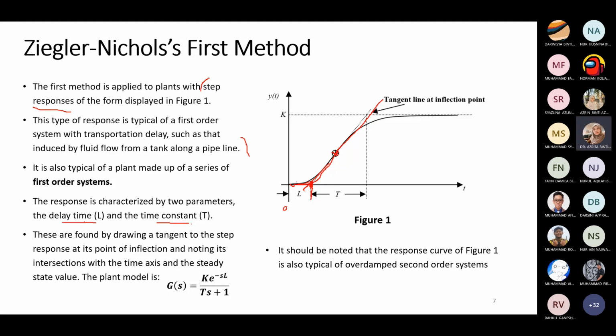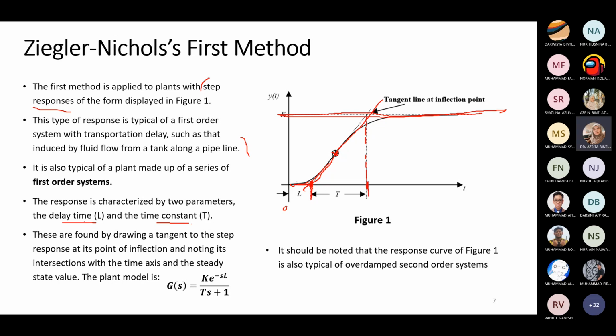Okay, and then we draw the final value here. This is our final value. So the cross between the final value and the tangent line is the notation of the time constant. That means we will measure the time constant from here until here.